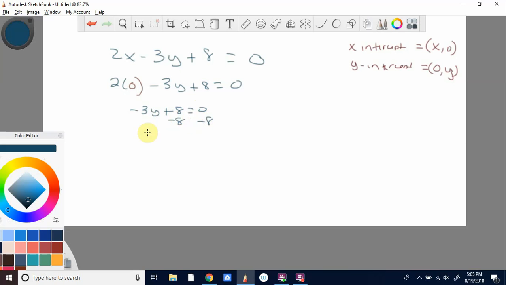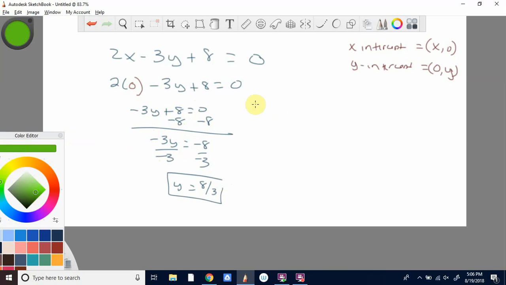And I'm just using algebra here. And I'm dividing by 3. I'm using my properties. So y equals 8/3. All right, to do the x-intercept, I'm going to put 0 in for y.